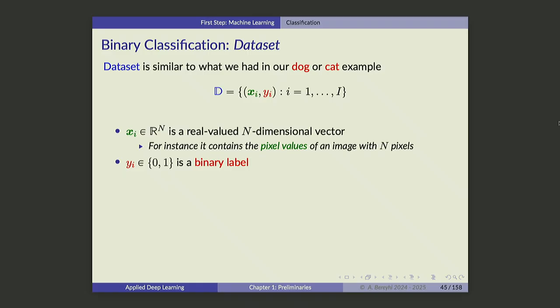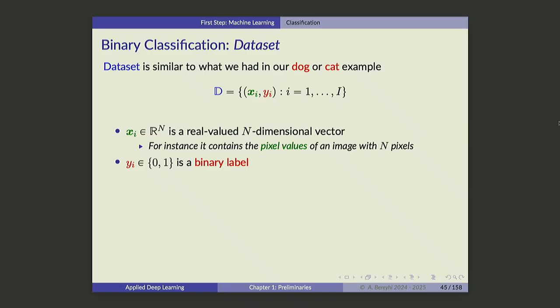X's are the image pixels. If I assume that I have n pixels in total, then X is going to be n-dimensional. A famous data set for image classification is MNIST, and every single image inside it is 28 by 28. It means that 28 times 28 is 784 different pixels, so n is 784.